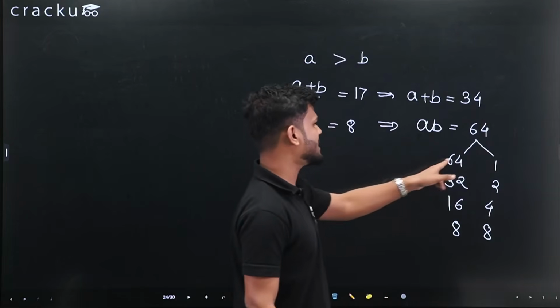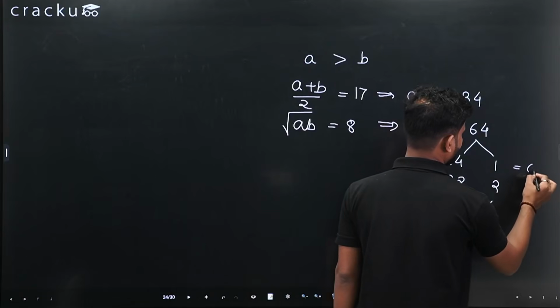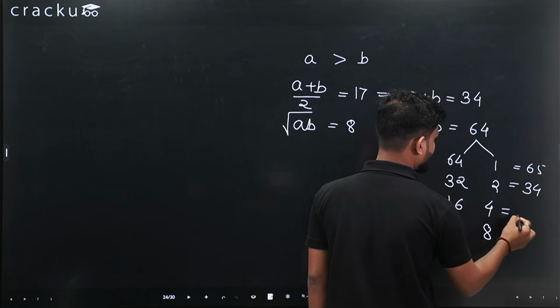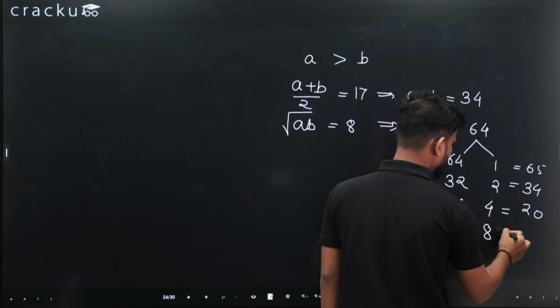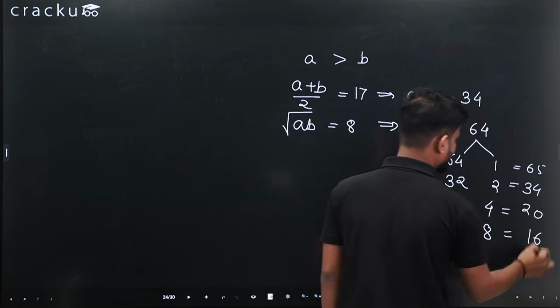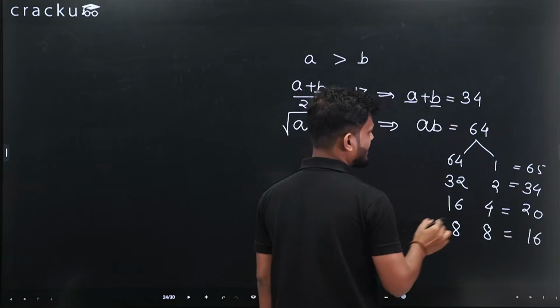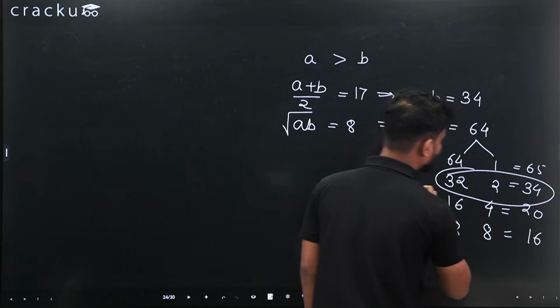What is 64 plus 1? It is 65. What is 32 plus 2? It is 34. 16 plus 4 is 20. 8 plus 8 is 16. You want the sum as 34. It is happening in 32 and 2.